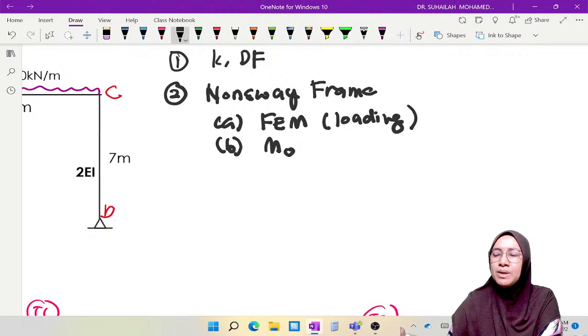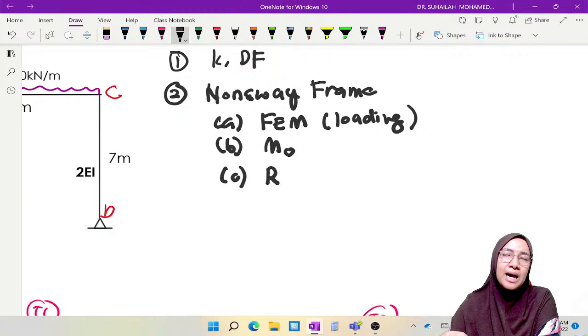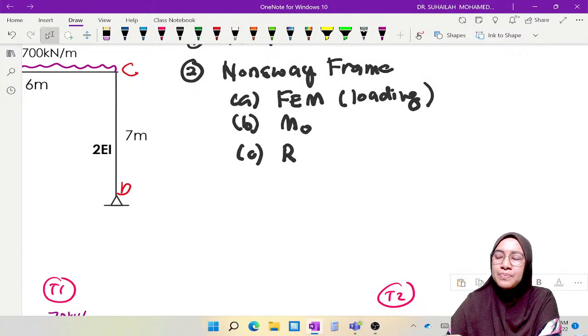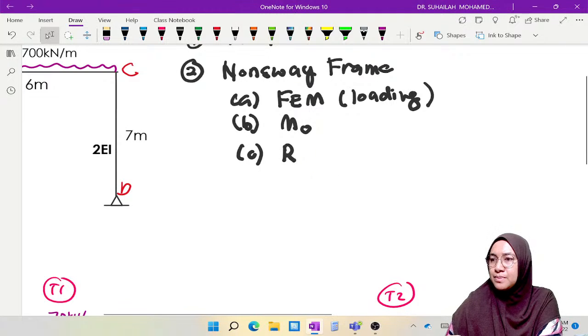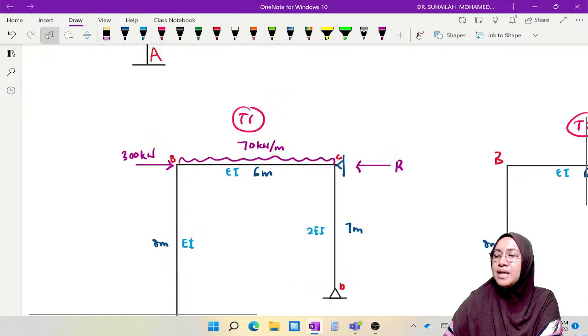We label it as M naught. And from M naught we can calculate R, the restraining force, using static equilibrium. These are the 3 steps that we need to do in analyzing the non-sway frame using this diagram.